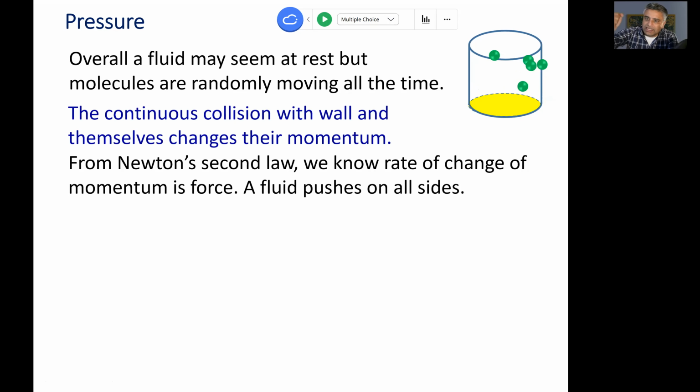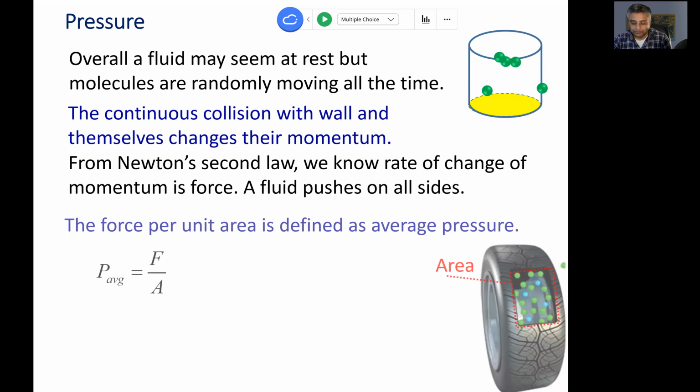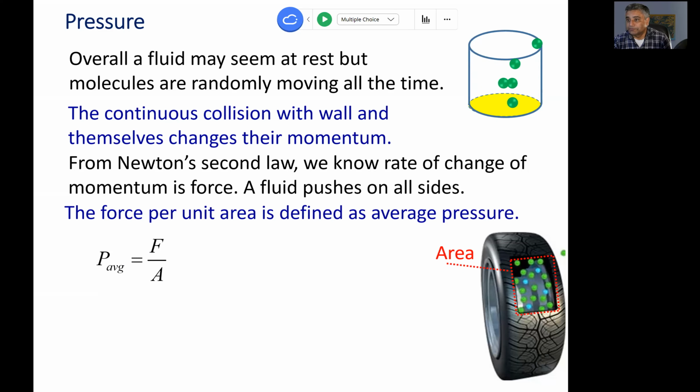These things have mass, right? And mass times velocity means momentum. So when momentum changes, there is a force associated with it, right? That force divided by the area gives you the pressure.